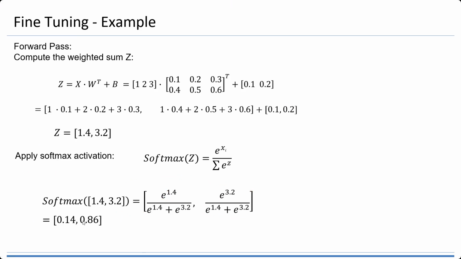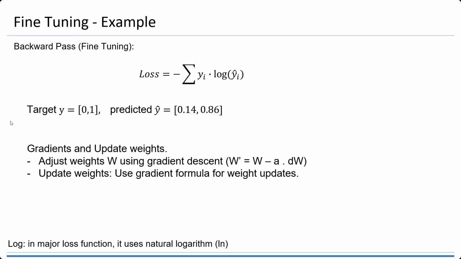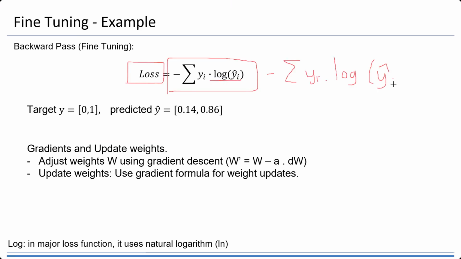After you get the softmax numbers, we can calculate the loss function. The loss function for binary classification is the cross-entropy loss, using the log function. We have minus the sigma of yi times the log of y hat i.